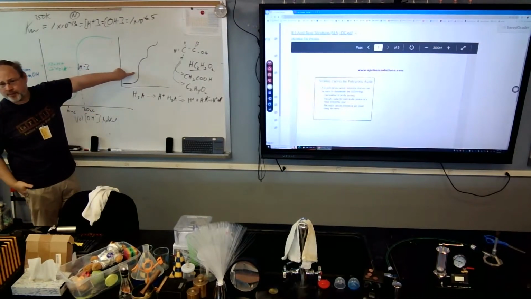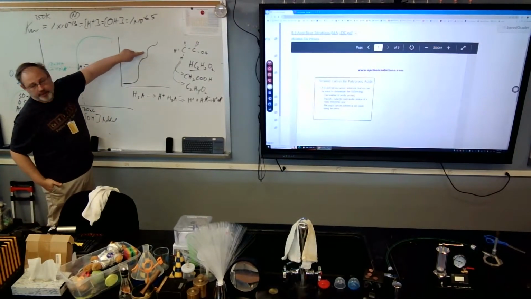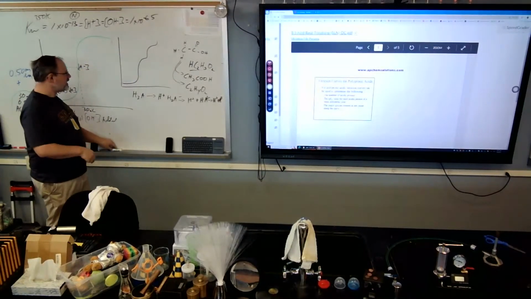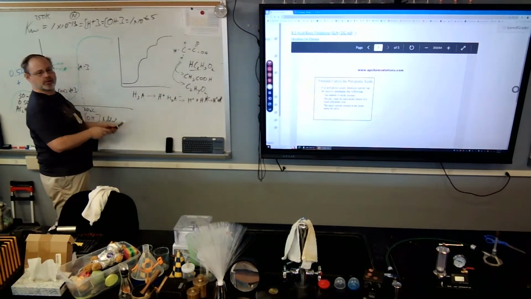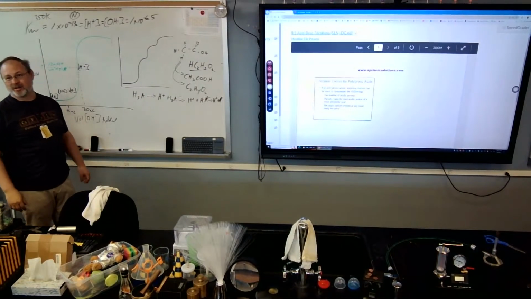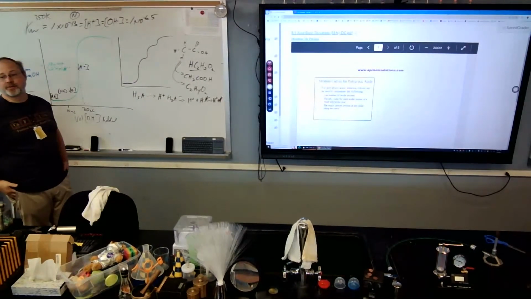Big curve for the first proton. Smaller curve for the second proton. Itty bitty curve for the third proton. So much that we almost never see that third curve. Sometimes we see the second curve. But there's one more thing that we can pull from this.